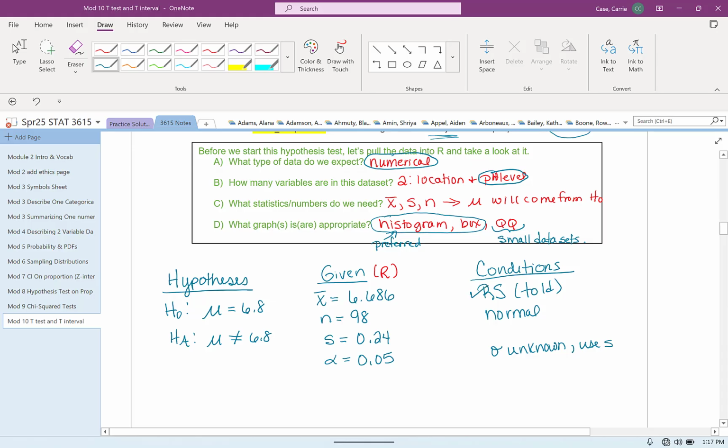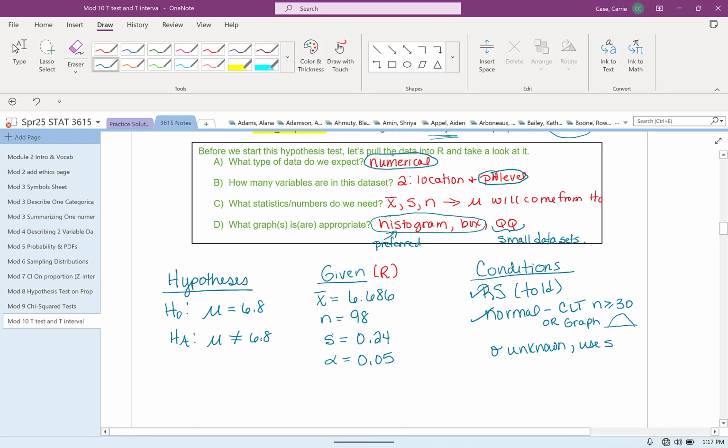So that condition is met. Normality can be met with the central limit theorem because n is greater than or equal to 30, or from our graph because our graph is sort of mountain shaped. So normality is met for either of these ways. You just have to pick one of them. You don't have to do both.